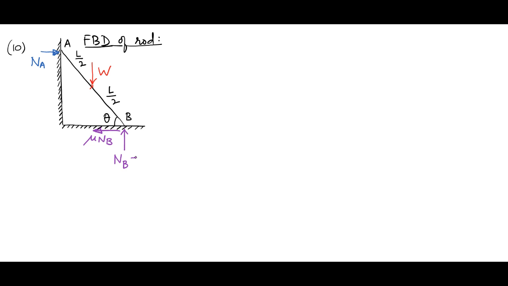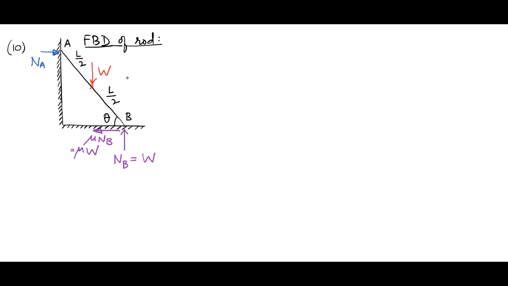So naturally, for these forces to balance, NB must be equal to W, and when this happens, mu NB is naturally equal to mu times W. So I have reduced the number of unknowns in the FBD. I have got rid of NB and replaced it by W in two different places. Now the next unknown is NA, and perhaps if we find NA, we will be able to figure out the value of theta.